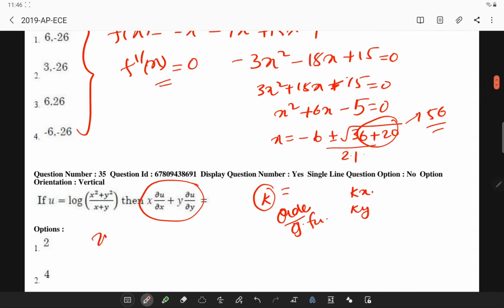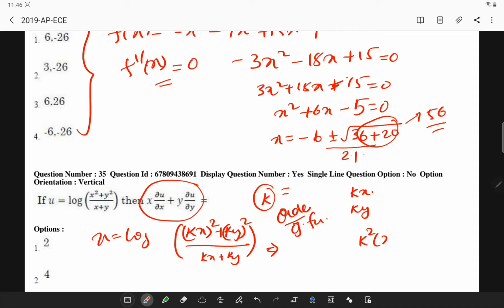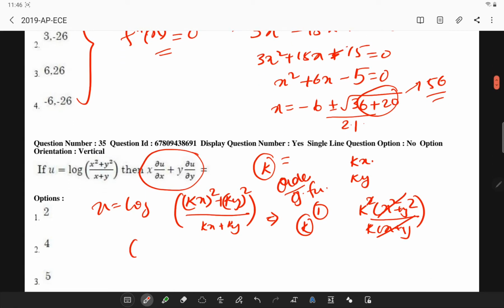If I substitute u is equal to log of (kx whole square plus ky whole square) divided by (kx plus ky), I will be having the function as k square into (x square plus y square) divided by k into (x plus y). So the power of k is 1. So the order of the equation is 1.